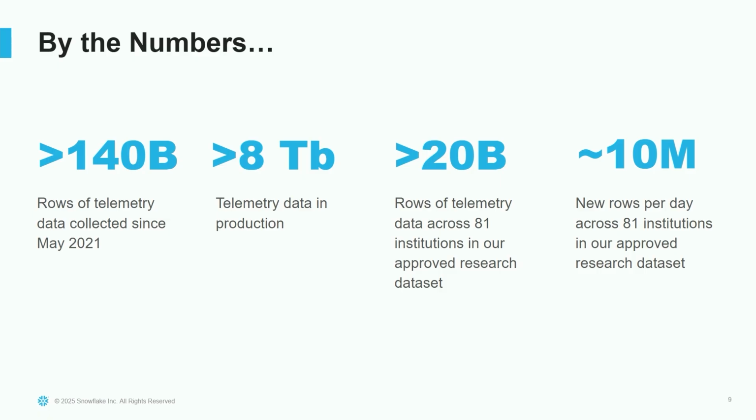And this is approximately 80 institutions that have given us, in their contract, permission to do research on their data for product improvement data science projects. So on that research data set, there's about 10 million new rows per day coming in that we have access to for our research.